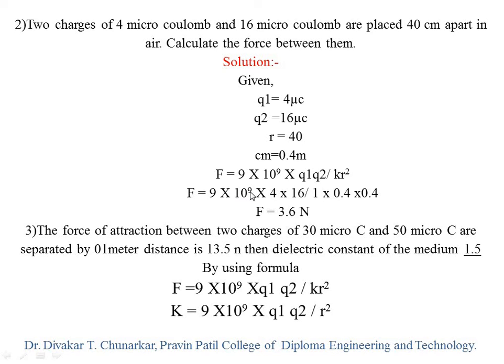F equal to 9 into 10 to the power 9 into 4 into 16, the values of Q1 and Q2, upon the value of K. K is not given in the numerical problem, so we can write the value of K as 1, into 0.4 into 0.4, the radius. Multiplying and dividing, we get F equal to 3.6 N. This is the force between them, 3.6 Newton.